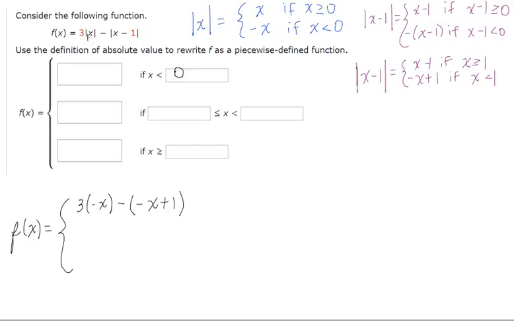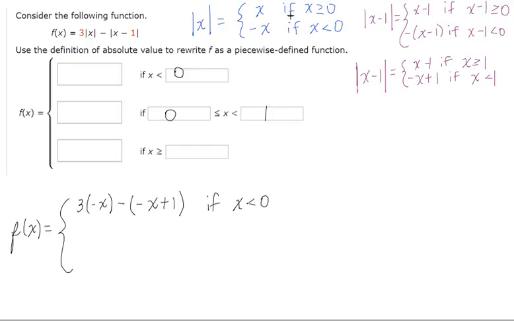So what I'm doing is I'm replacing this absolute value and this absolute value by what they are defined as without absolute value bars, depending on the domain or the part of the x-axis that we're looking at. So it's defined by that if x is less than 0. Okay, next, if x is between 0 and 1, our next case, then it's defined differently.